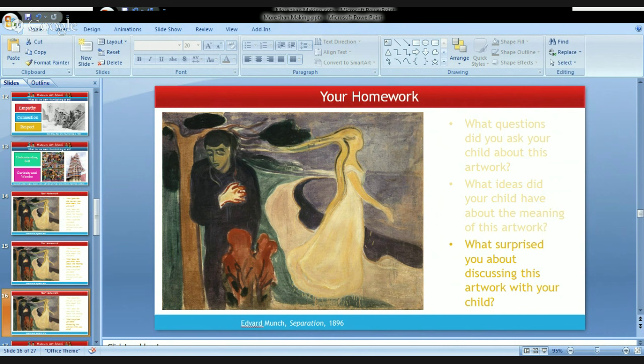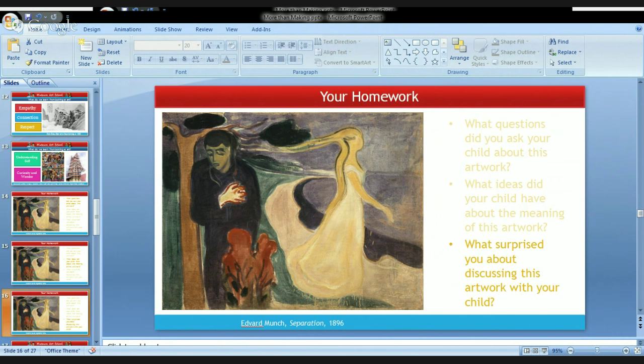One of my favorite ways to learn about art and to teach about art is to slow down and give it time. When you take an art history course, oftentimes the professor is up there talking and going through all the information pretty quickly.